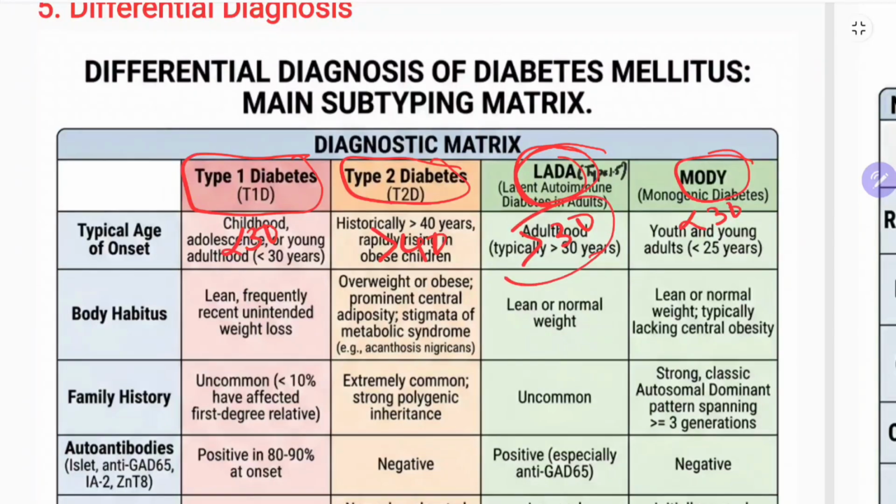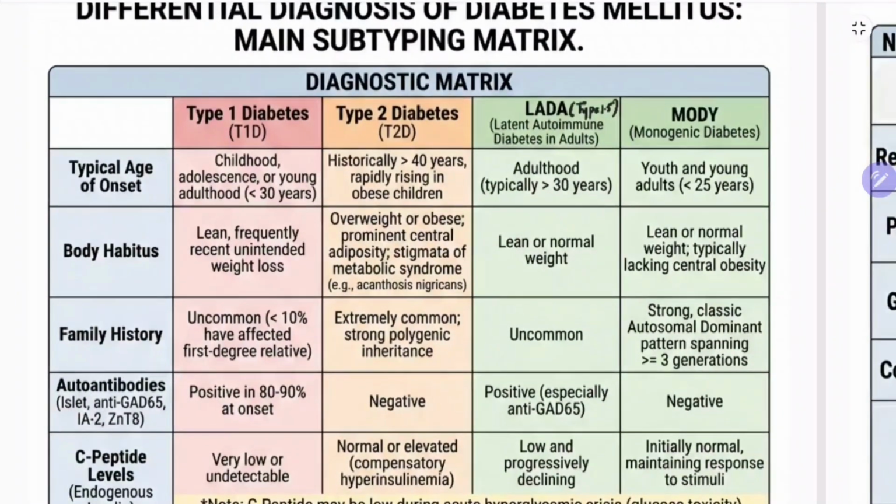So in any patient more than 30 years of age, differentiate between type 2 and LADA, and in any patient less than 30 years of age, differentiate between type 1 and MODY. We should remember that. So first we will consider type 1 and MODY.